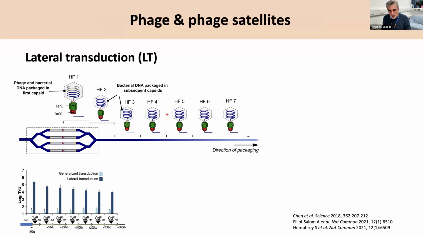This is an example that we discovered about the impact that phages have in bacterial evolution. So this is the chromosome of a bacterium in blue. You can see here, some phages, as I said, can integrate into the chromosome. I will not give you the details, but we discovered that all this part of the bacterial chromosome, this several hundred kilobases, so it's a lot of genetic information, can be moved by a phage from one bacterium to another.